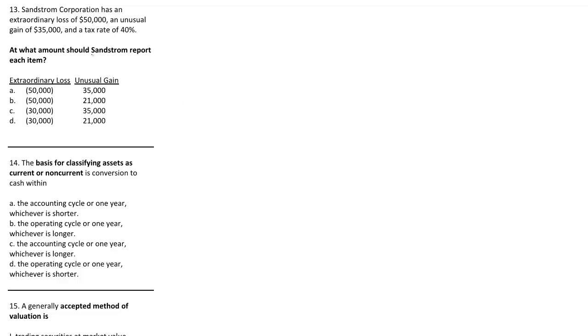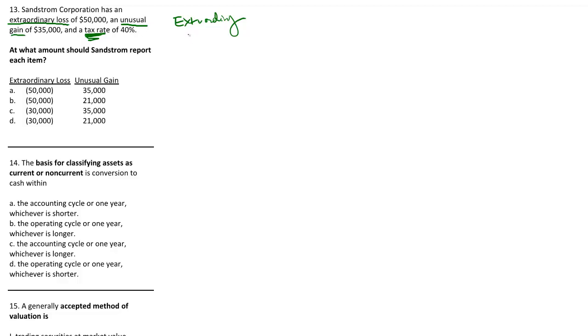Okay, Sandstrom Corporation has an extraordinary loss and an unusual gain of these amounts with a tax rate of 40%. Taxes tend to be important with separately reported items. What amount should we report for each of these items? Let's focus on the extraordinary loss. Remember, it has to be unusual and infrequent, and we know that it is both because it says that it's an extraordinary loss.